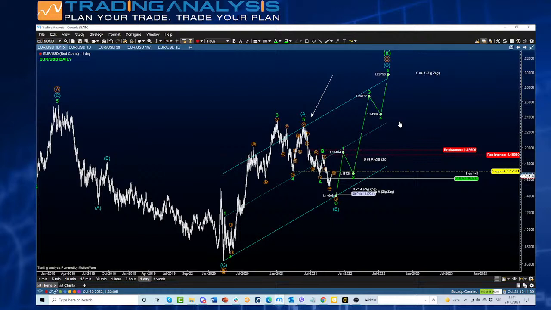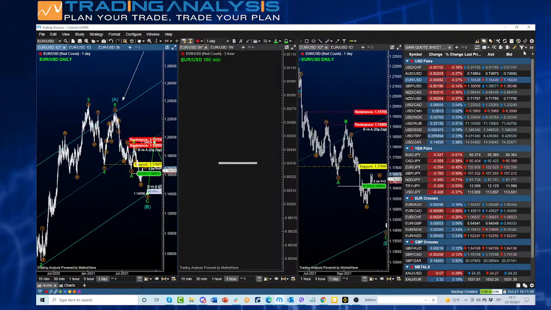DXY has 6 currencies in it, and the biggest representative is the euro with 57%. So that's why their charts often look alike, because the biggest weighting in DXY is actually the euro. So they look relatively similar, but they move in opposite directions.